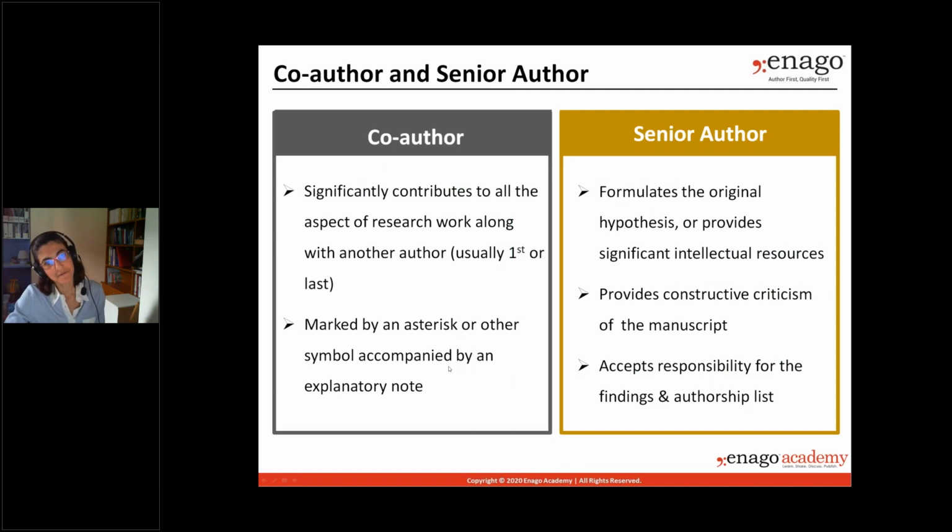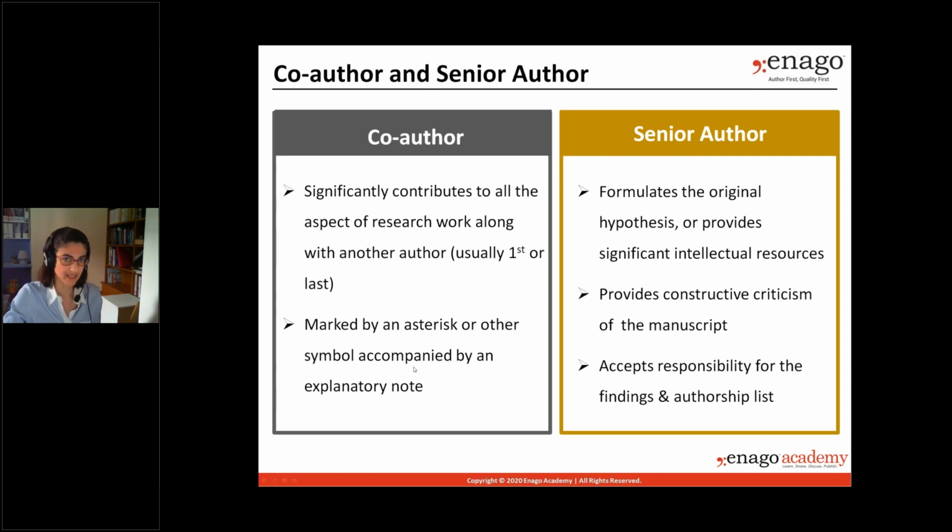Now, some additional information for co-authors and senior authors. A co-author, the one who has contributed equally to the first, the last, or some other author, needs to have contributed significantly to all the different aspects of the research work, along with the other person they are considered co-authors.